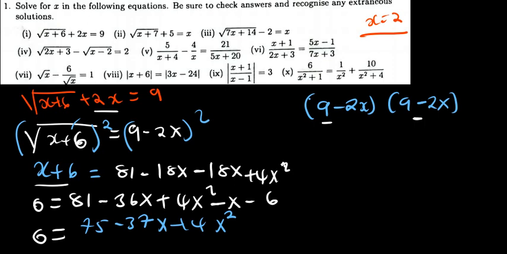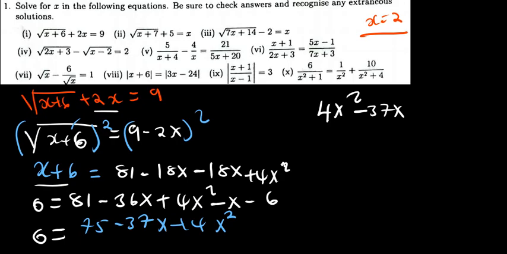So let me rewrite that: 4x squared minus 37x plus 75 is equal to 0.